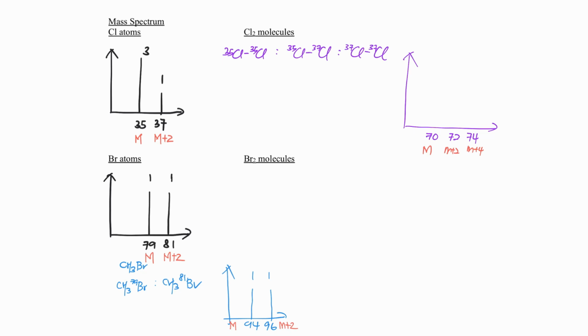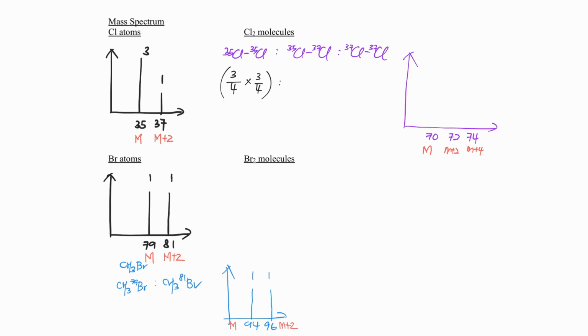So what about the relative heights? We can calculate the relative heights of these 3 peaks using the probability of 35 and 37 chlorine. The chance of getting 35 chlorine is 3 out of 4, and the same for the second 35 chlorine, 3 out of 4.